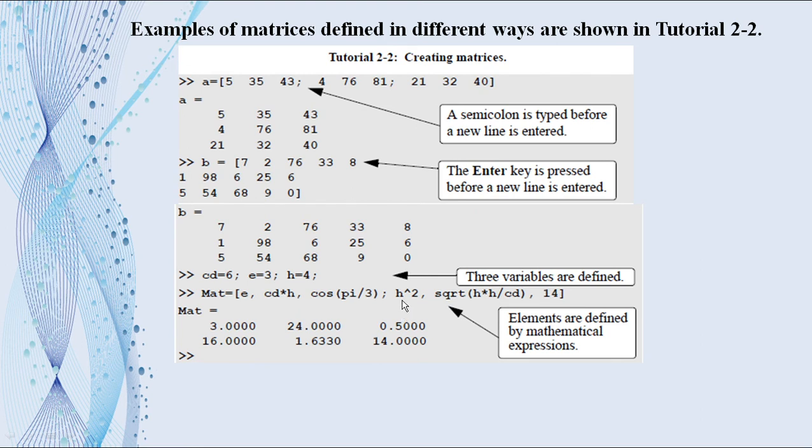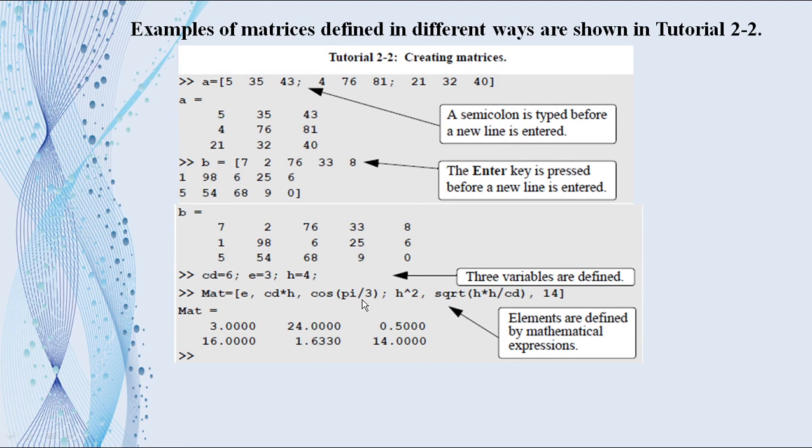Likewise, before that you have H to the power 2, square root of H into H divided by CD comma 14. So they have given these in terms of expressions there. Here you have given the direct value of 14 itself. So E value is 3, it is entered here. CD into H, CD is 6 into H, it becomes 24.